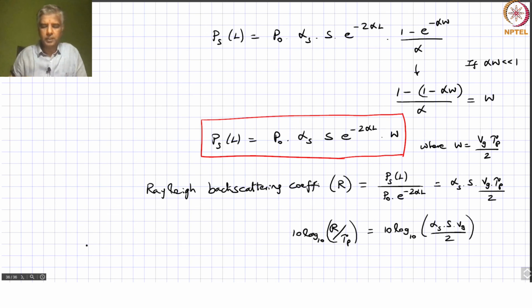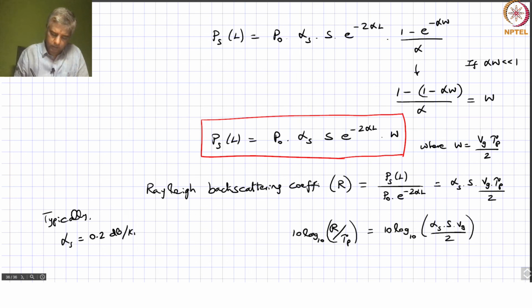So if you start with alpha S, typically for single mode fiber, alpha S is 0.2 dB per kilometer at a wavelength of 1550 nanometer. Now we want to see if we can show this in terms of linear units.